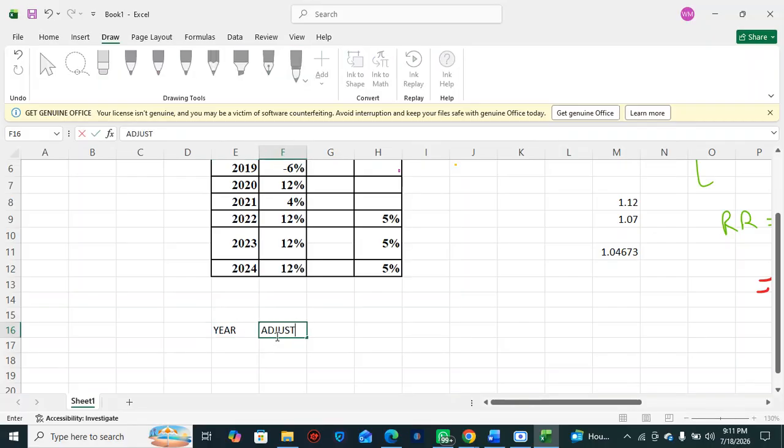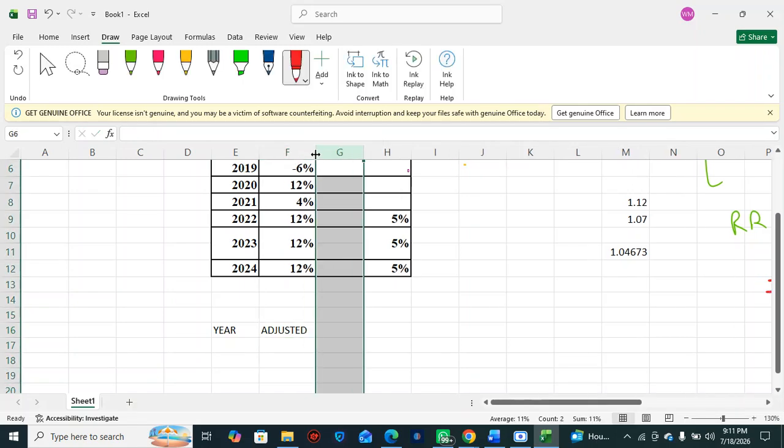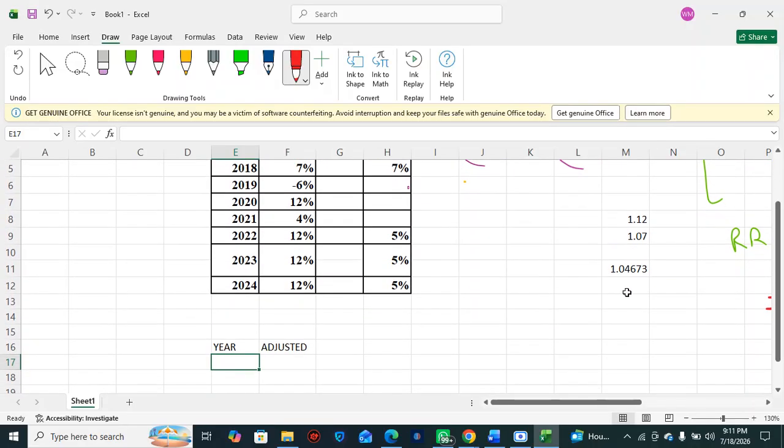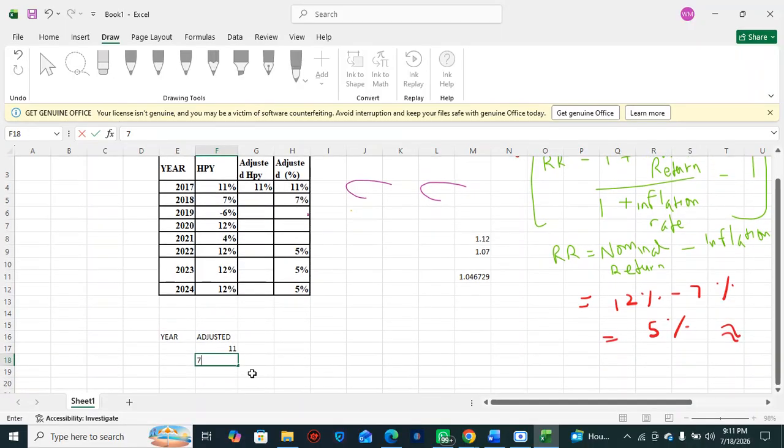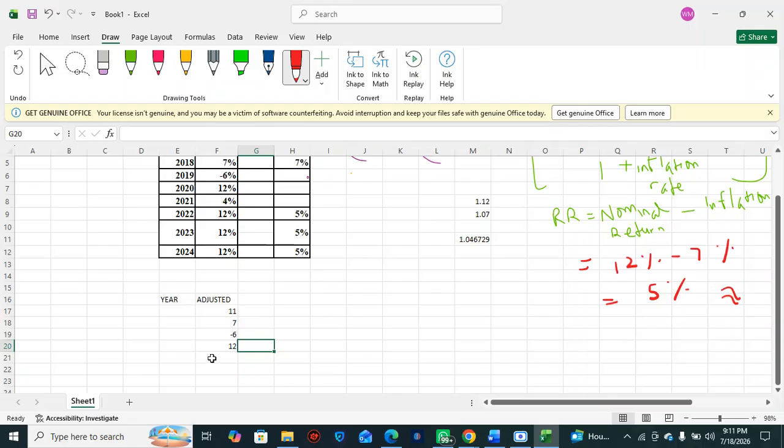Adjusted returns. So we have first 11%, 7%, -6%, 12%, 4%.